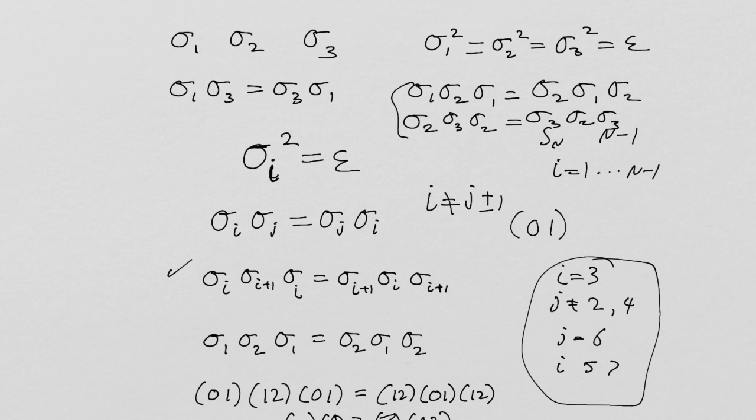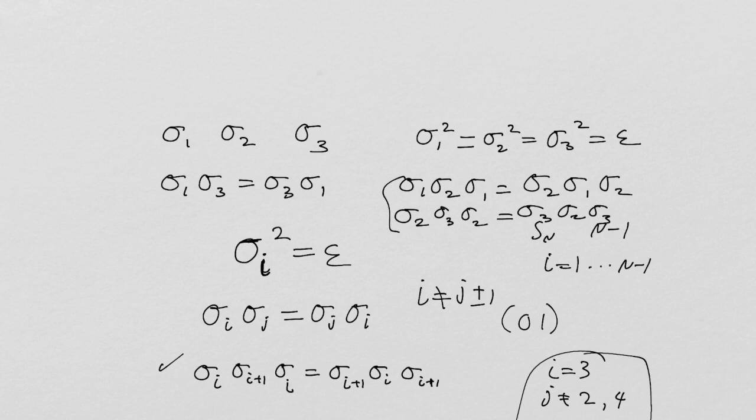So now every element of the group would just be a collection of words written in sigma 1, sigma 2, and sigma 3. Presumably there's a permutation out there that looks like, let's just go with sigma 1, sigma 3, sigma 2, sigma 1, sigma 1. Then you would look at that and say, okay, well, that's the identity, and then you have sigma 1, sigma 2, sigma 3 left. Do any of these relations apply?